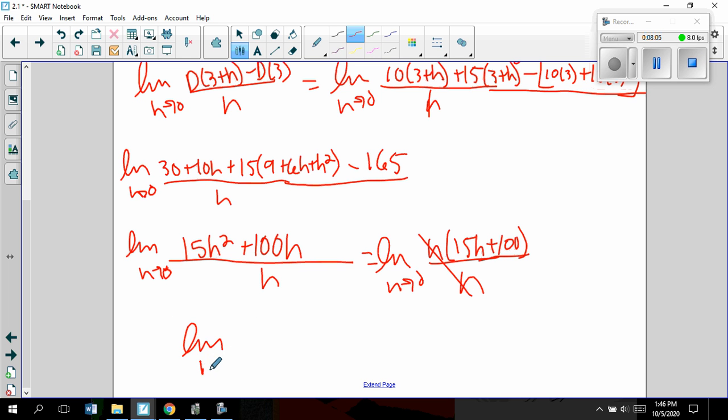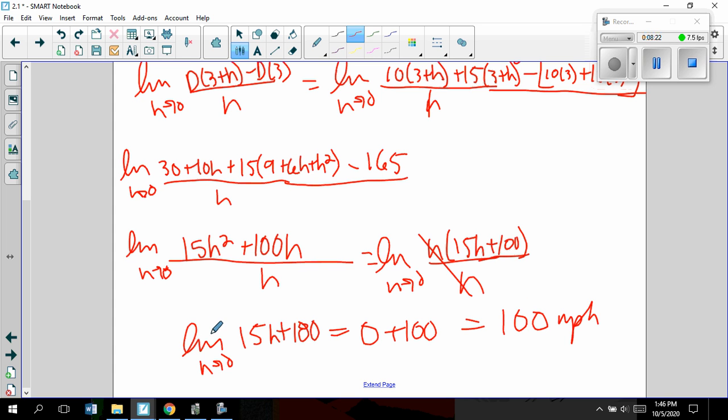So now I have the limit as h goes to 0 of 15h plus 100. Sorry, that's 0. And then now I can plug in my 0 or evaluate my limit, plus 100. So you are going 100, and this would be miles per hour based on the directions that were up there. So your time at exactly 3 hours is 100 miles per hour.